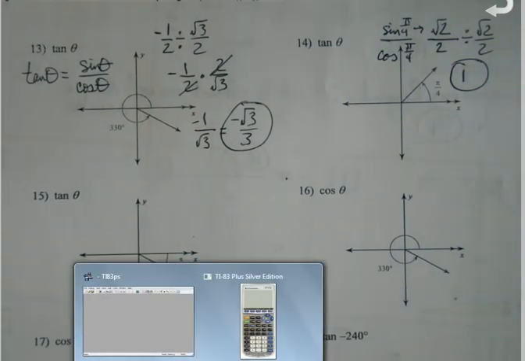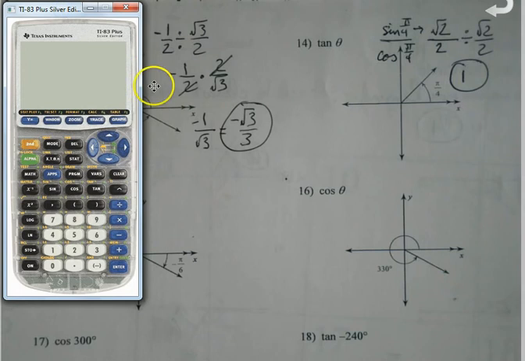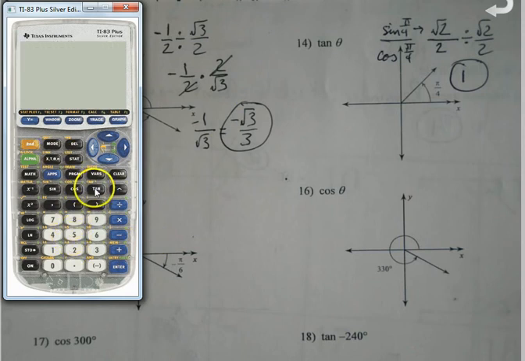I know what's thinking in somebody's brain if somebody hasn't tried it yet. They're like, hey, if I know that's 45 degrees, couldn't I technically, once I made sure that I was in degree mode, if I was going to do it in degrees, otherwise I'd have to do it in radians, couldn't I technically just do it on the calculator?